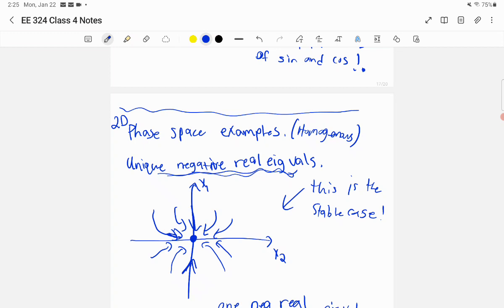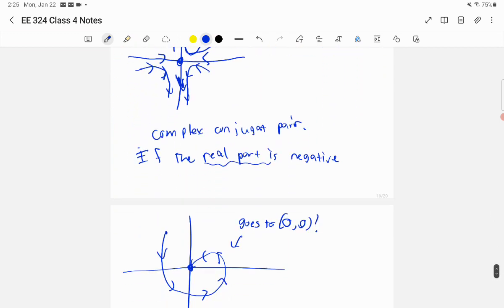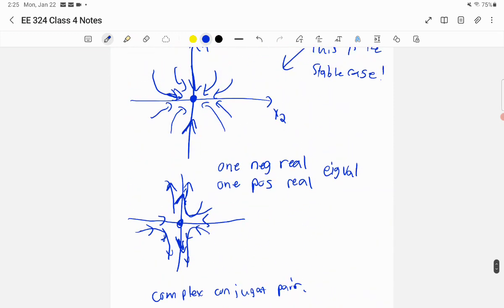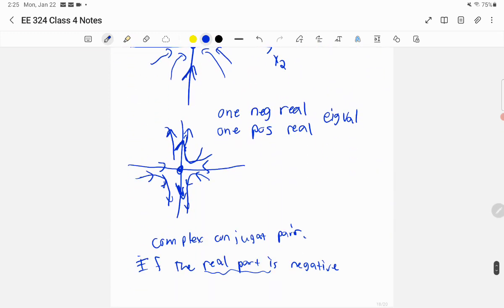In the other cases, even if it's a mixed stability, right? We saw the example here of a mixed case. Notice that it doesn't converge to the 0, 0 point in this case, right? I come up and I get closer and closer for a while, and then I go right away because the unstable part is telling me to move away from the fixed point.